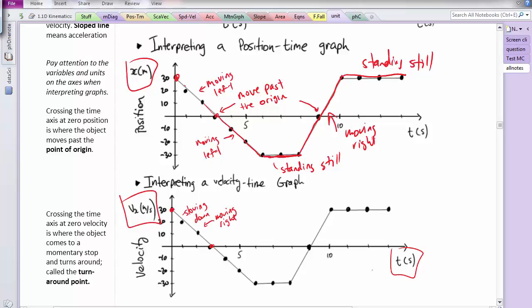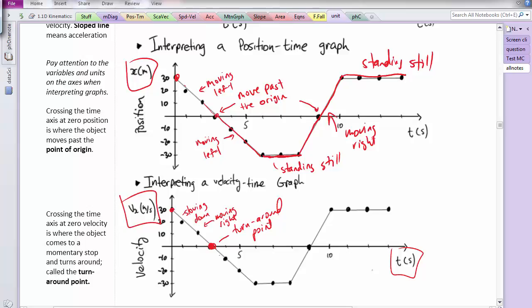At this point our velocity is 0, and right after that our velocity is negative. So we change from having a positive velocity to a negative velocity. The zero crossing in a velocity time graph is called the turnaround point. It's where we go from the positive direction to the negative direction.